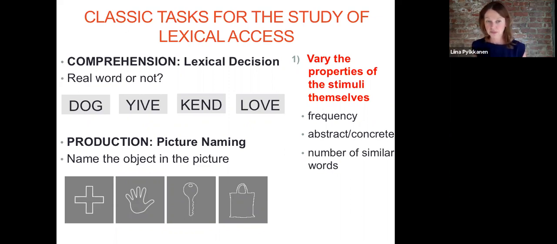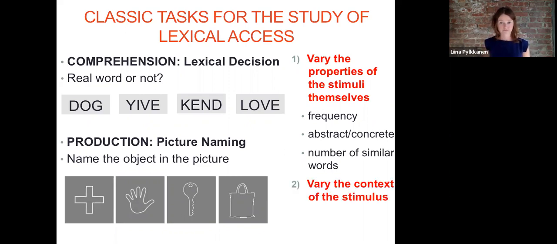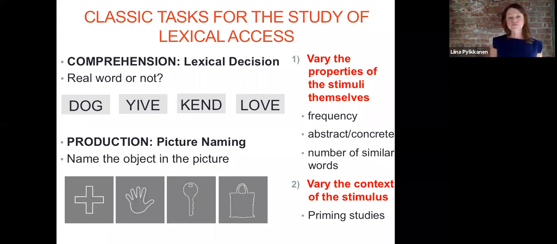The other major approach is to vary the context of the word. And so here I'm referring to a very large class of priming studies. So here we're studying your response time to a specific type of word, but what we're varying is what comes before it. And we're studying the effect of the items that come before it on the processing of the current item.